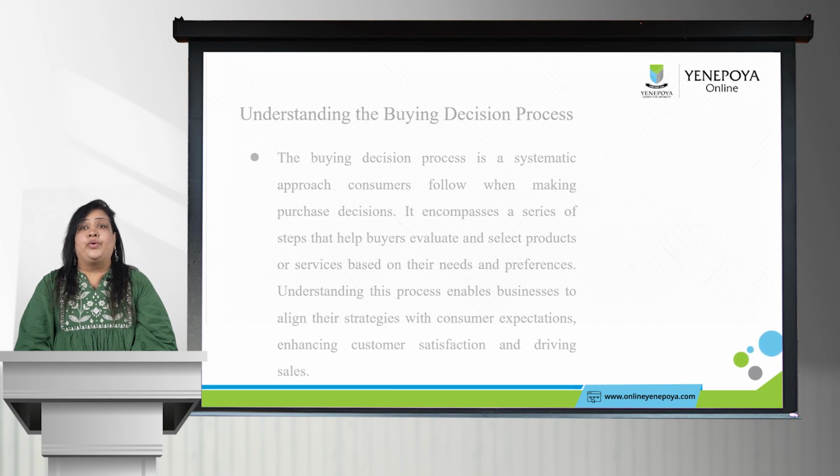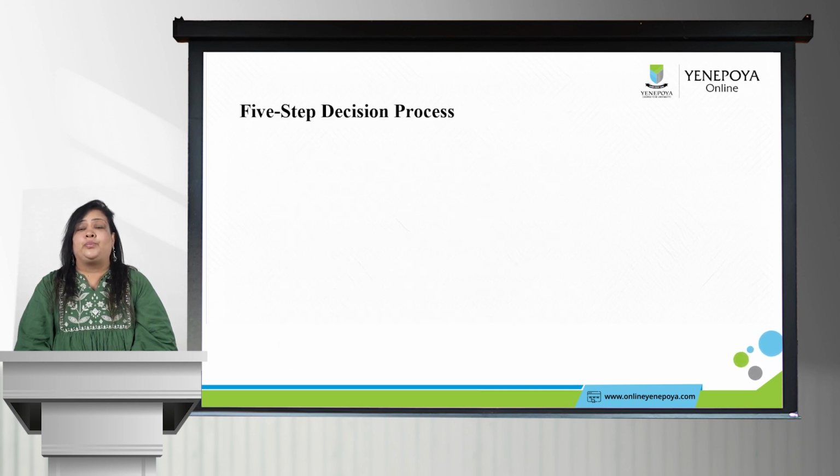Let me give the overview of the five-step decision process. The buying decision process includes five key stages. First is problem recognition. The consumer identifies a need or problem that requires a solution. Information search. The consumer gathers information about potential solutions, products or services.